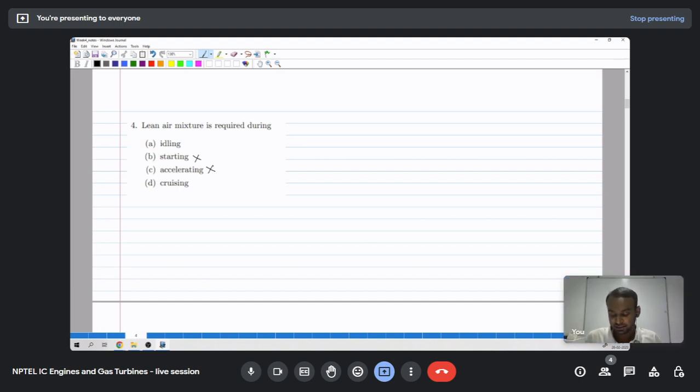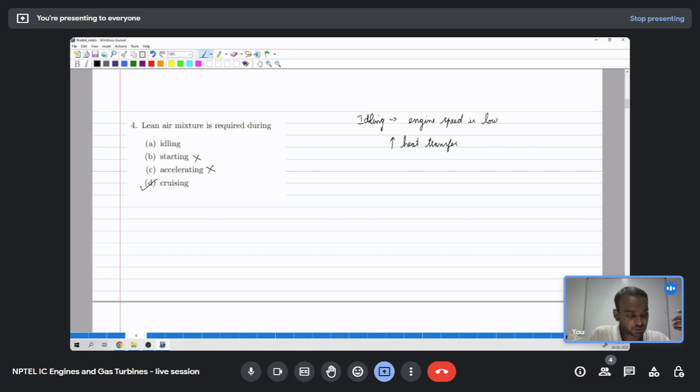Okay. Actually, the answer is cruising, because during idling the engine speed is very low, and because of the low speed there will be more heat transfer, more high heat transfer during the low engine speed operation, because there is more time for the hot gases to pass the heat to the cylinder walls.